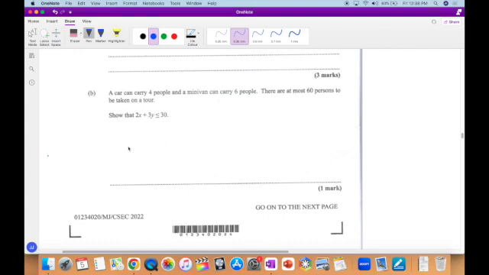A car can carry 4 people and a minivan can carry 6 people. There are at most 60 persons to be taken on a tour.